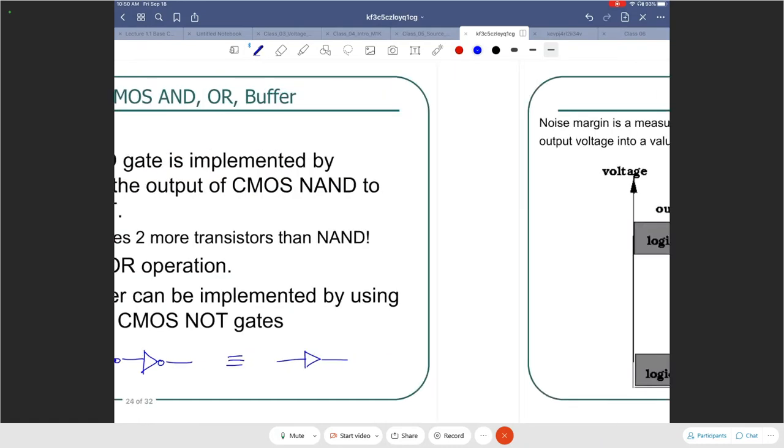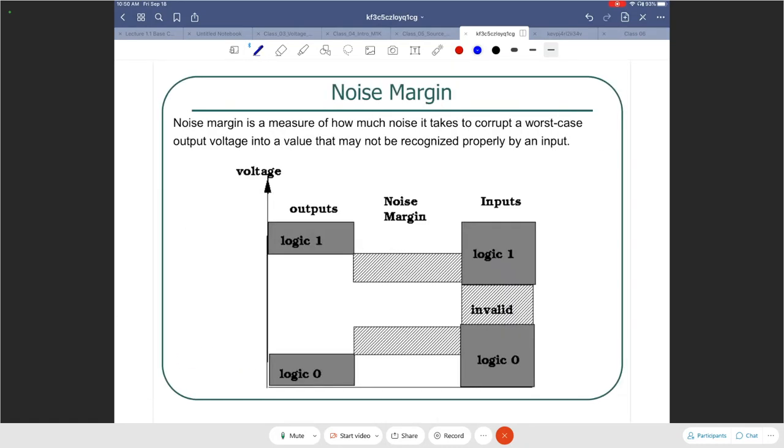Now we come to one of the topics that can be very confusing. Before we actually get started, I want to say this is not supposed to be confusing, but it is, right? So I'm going to try to simplify this discussion as much as I can in order for you to understand the concept of noise margin.